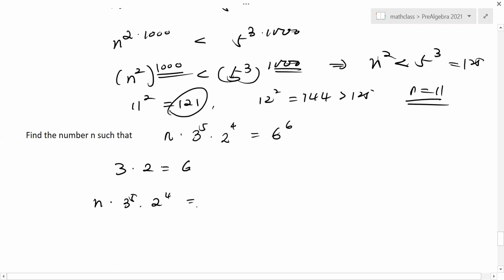So 6 to the 6th power is 3 to the 6th power times 2 to the 6th. So for n, I need one 3, and I need a 2 squared. So that is going to be 12, right?